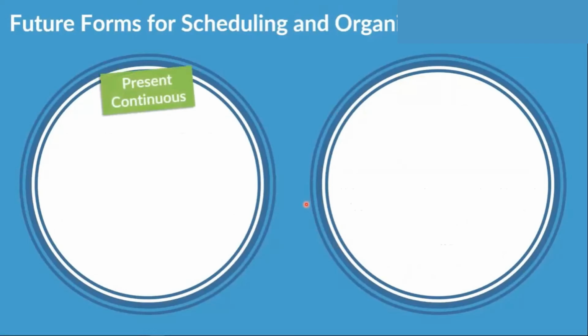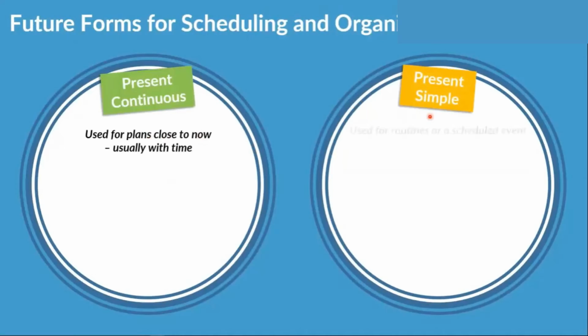And we'll start with the present continuous. Now we looked in lesson 2 at how we can use the present continuous for the future. It's used for plans close to now, and it usually includes a time. Then the present simple is used for routines or a scheduled event.